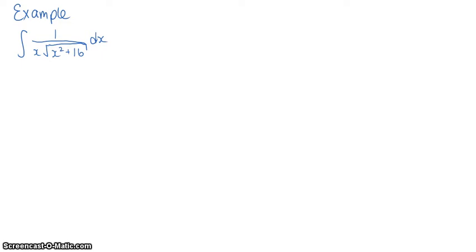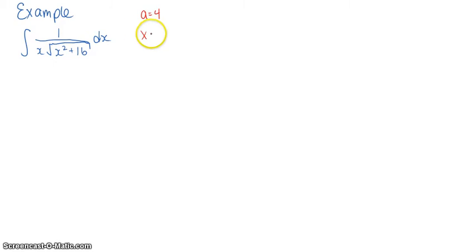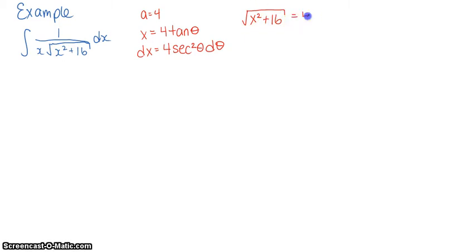So for this example here, we're going to have our a value is 4, because 4 squared is 16. And we're going to set our x equal to 4 tan theta. Our dx, we take the derivative of that, this is going to be 4 secant squared theta d theta. And then our square root of x squared plus 16 is going to equal 4 secant theta.